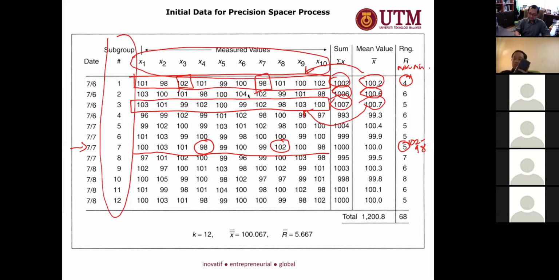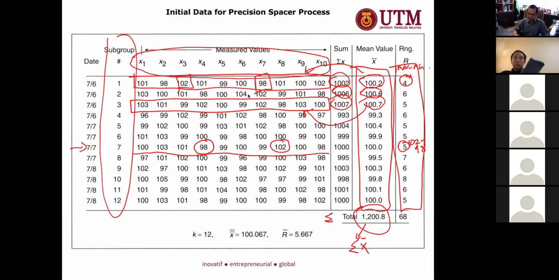Then we total the above. This is the total for X bar, total for R. Then how many subgroups do we have in total? That's the population, 12.